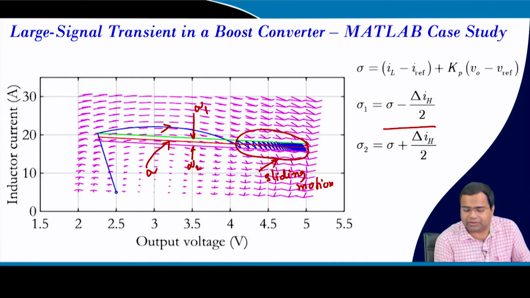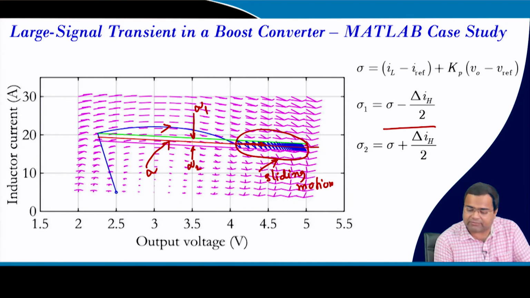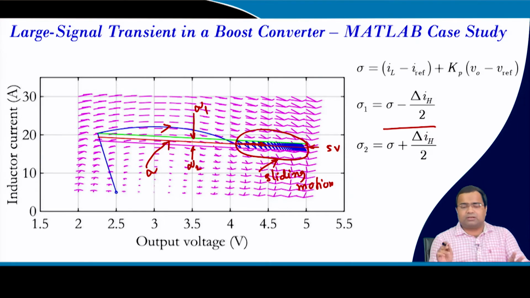You have to ensure that on average this trajectory goes towards the desired point, where my output desired value is 5 volt and the average inductor current is roughly around 18 or so.